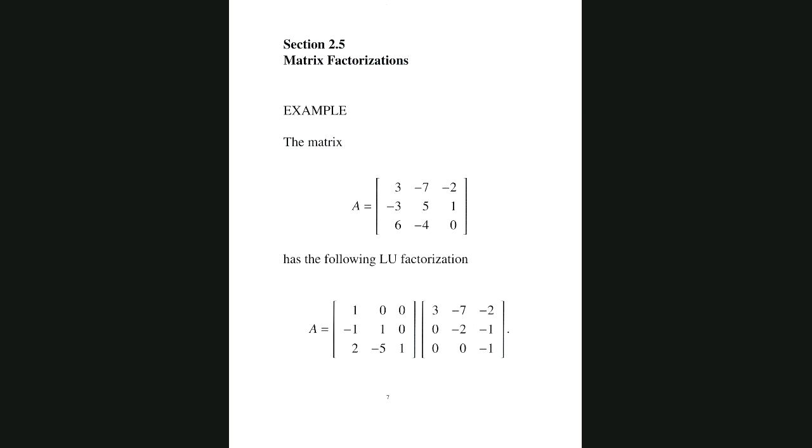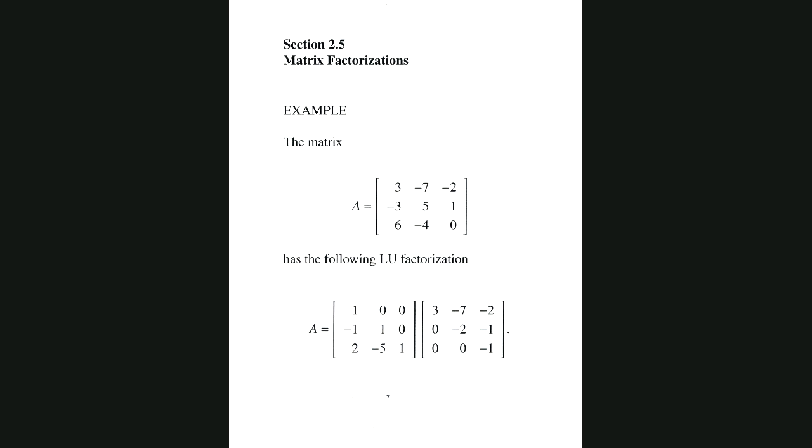So you got ones along this diagonal, and above the ones are zeros, and below the ones are non-zero entries, or at least they're not all zeros. So we call that kind of matrix a lower matrix.